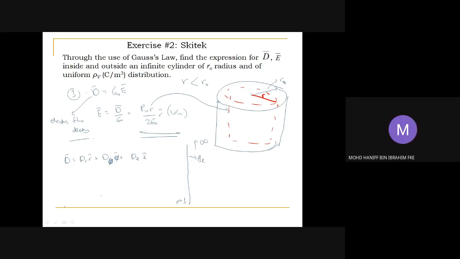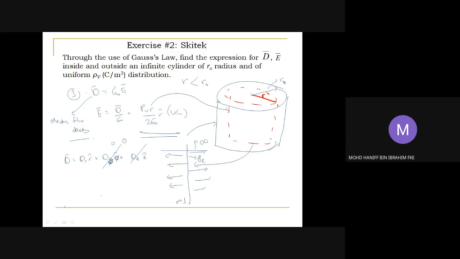Yes, only r. Because you know that the direction of the field will be in the r direction. That should be the direction of the D or the E field, in which the phi and z components can be cancelled out due to this argument. So we can assume that this particular cylindrical charge distribution originates from this line charge, in which if we increase the radius of this line charge, we are going to produce this kind of charge distribution.